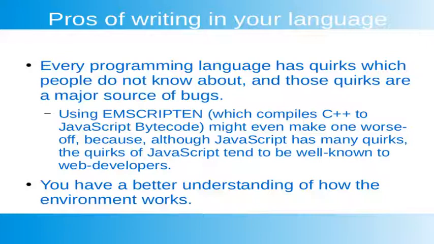And since JavaScript is perceived to be a bad programming language, many people think using Emscripten, which compiles C++ to JavaScript, makes you better off since C++ is a better language than JavaScript. Well, in my opinion, using Emscripten might even make one worse off, because although JavaScript has many quirks, the quirks of JavaScript tend to be well known to web developers.